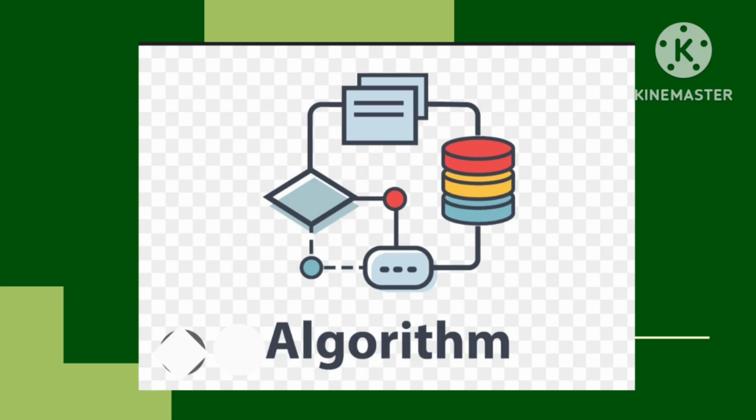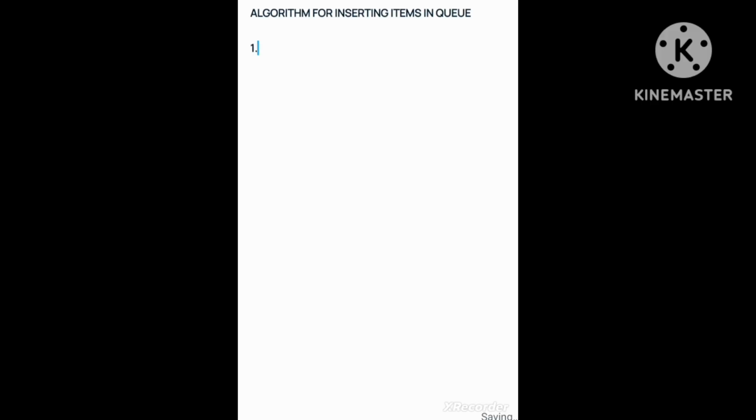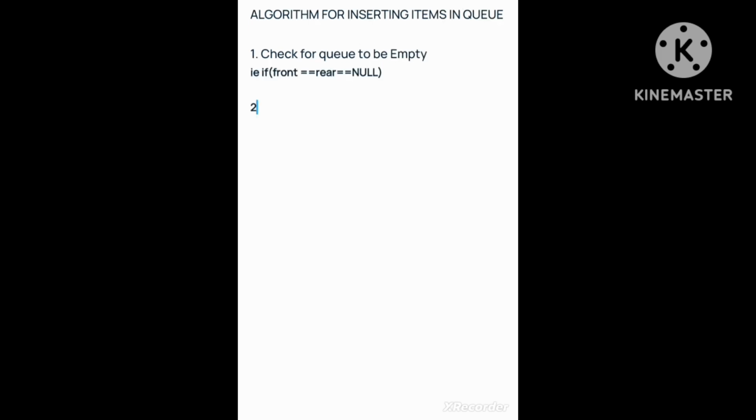So let us understand the algorithm of a queue. Here is the insertion algorithm in a queue. First of all, we check for the condition of the queue to be empty. That is, if both the rear and front end have the value null, that means our queue is empty.